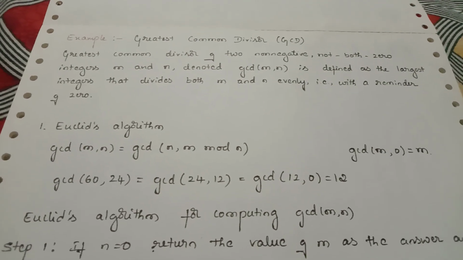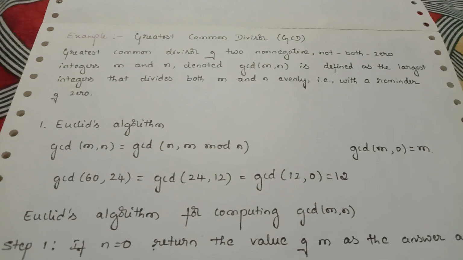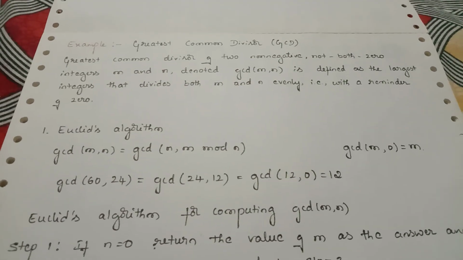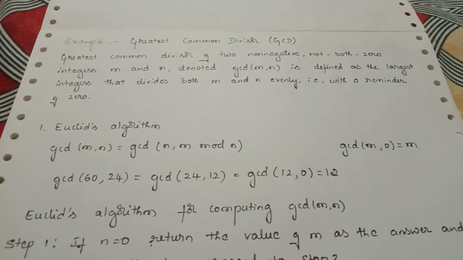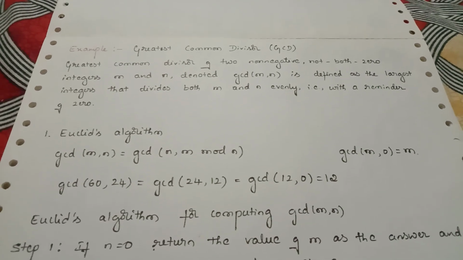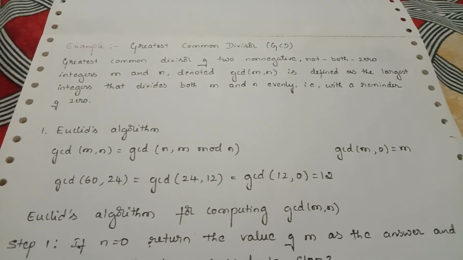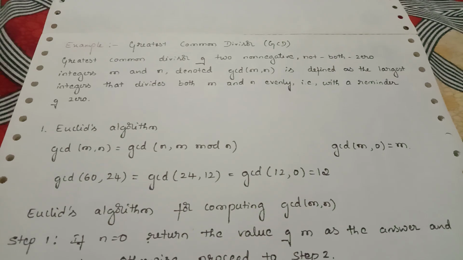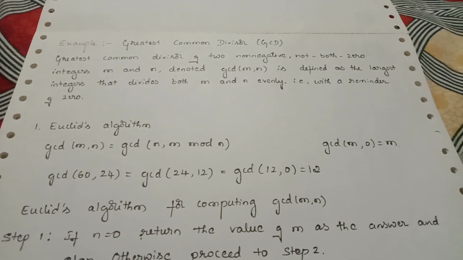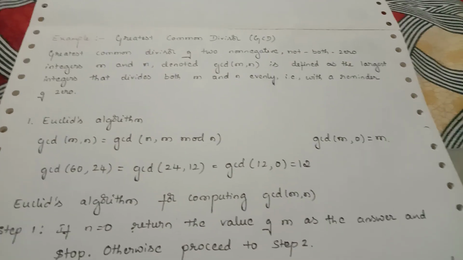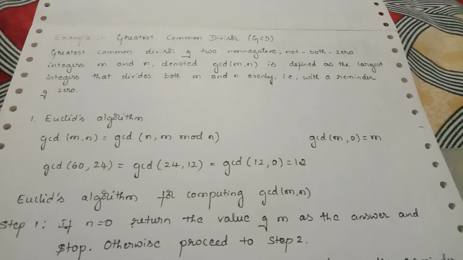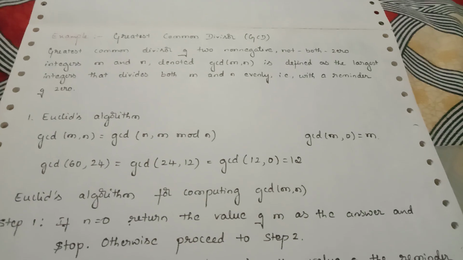The definition of the greatest common divisor is the largest integer that divides both of two non-negative, not both zero, integers m and n. See here, the input for which the algorithm should work should be precisely mentioned.